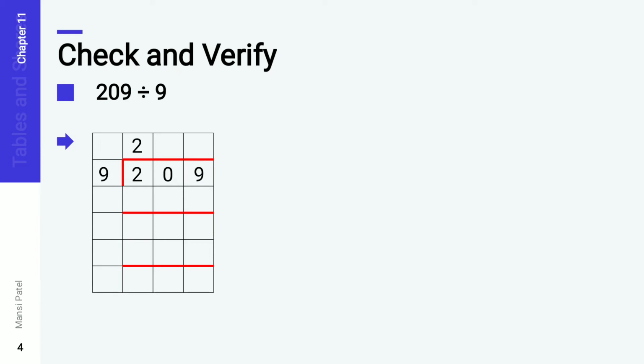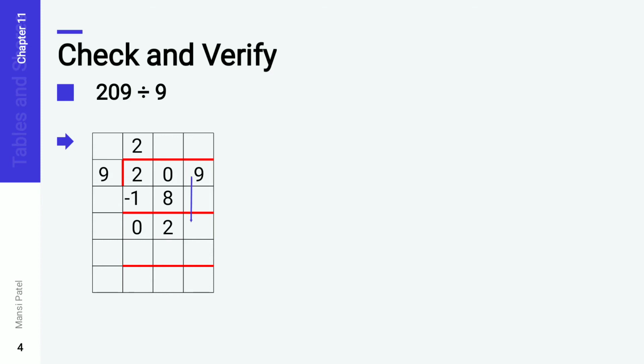Now in the table of 9 you are getting the number 20? No. Less than 20? Yes. Where is it? 9 twos are 18. 0 minus 8, it is not possible. So we borrow from 2. So 2 becomes 1 and 0 becomes 10. 10 minus 8, 2, and 1 minus 1, 0.